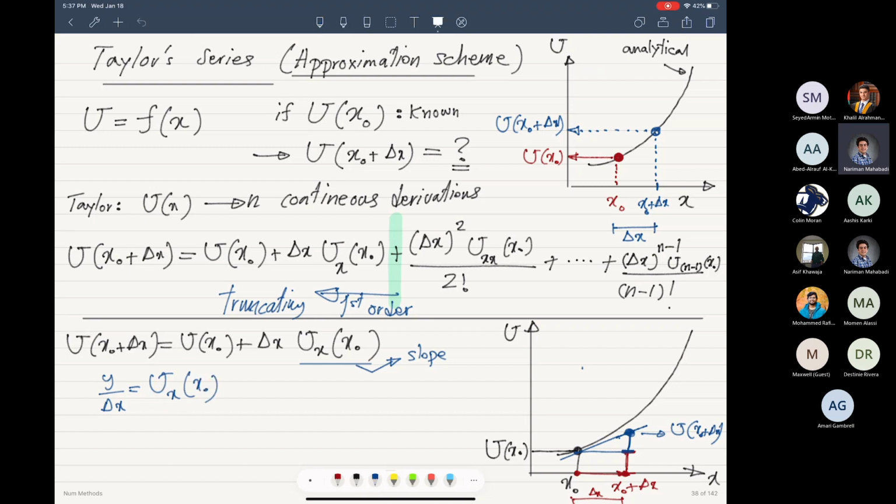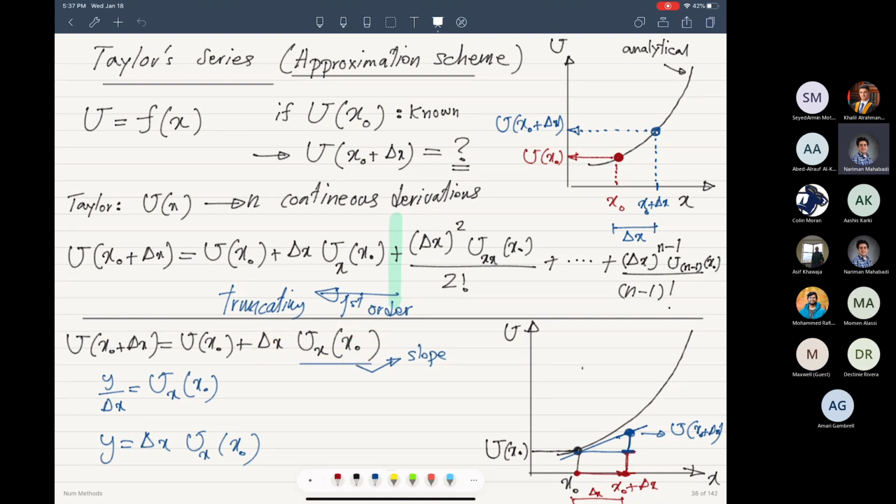This is the slope. So in this case, the height of this line is going to be delta x times u_x at x naught. So this is exactly what we have in this term.